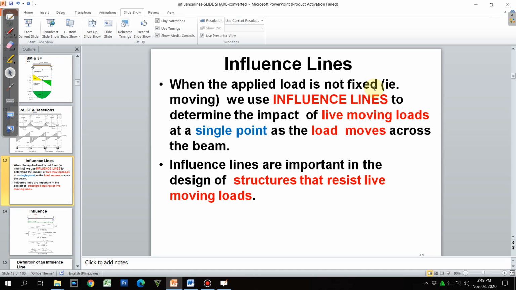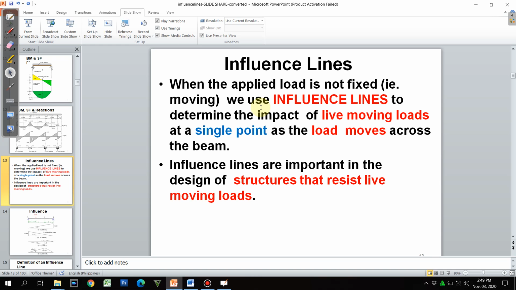A practical example would be a bridge facility wherein the load is not fixed, but is transferring from one place to another. So we use influence lines to determine the impact of live or moving loads at a single point as the load moves across the beam.